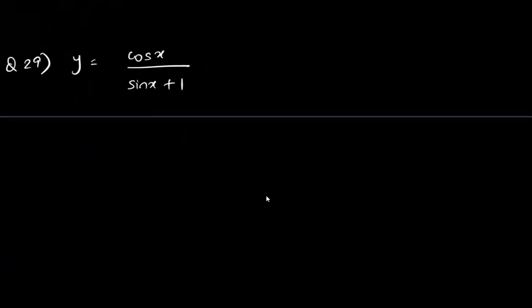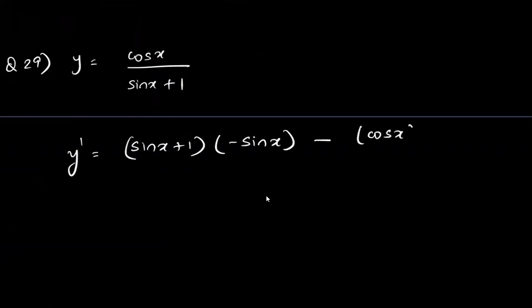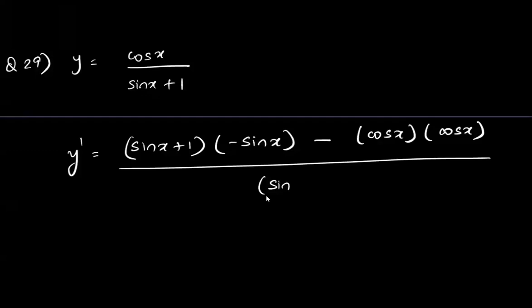Okay, here I'm going to use the quotient rule for the next problem. So y prime will be, I bring the denominator up, multiply it by the derivative of cosine, which is negative sine, minus, keep the numerator, multiply it by the derivative of the denominator, all over the denominator the whole squared.